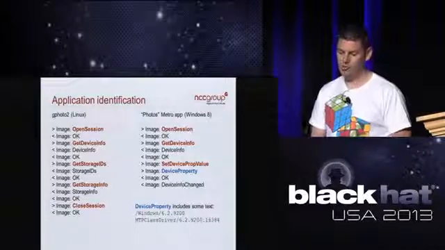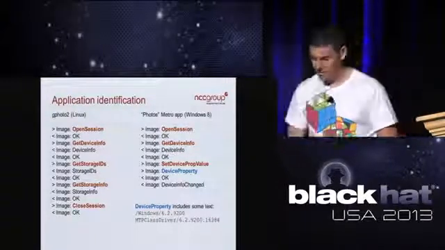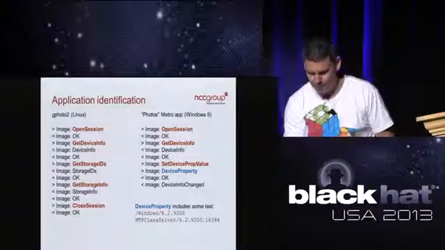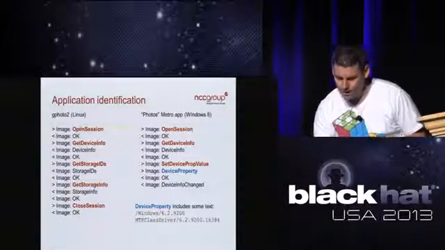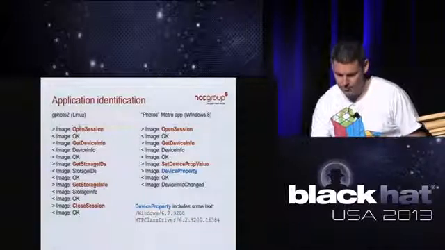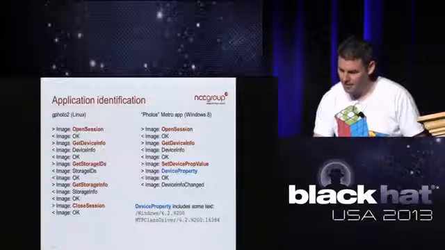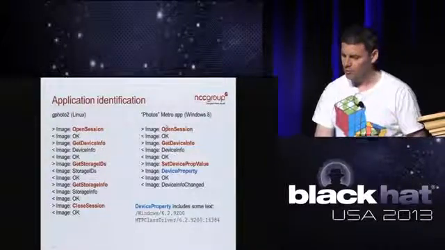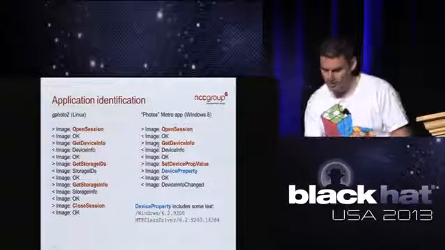Application identification. I talked about these applications that pop up when you insert a USB device like a camera. Within Linux, you've got this pattern of requests and replies with the image class traffic. The Photos Metro app in Windows 8 works in a different way.